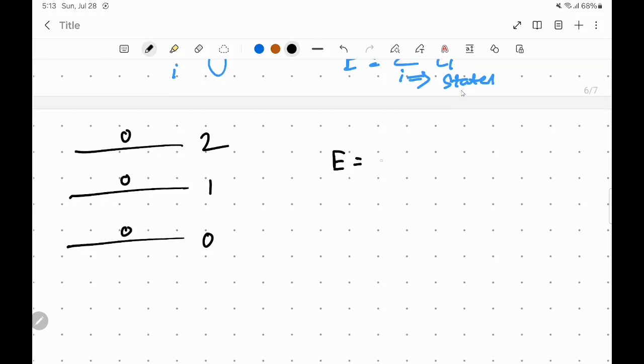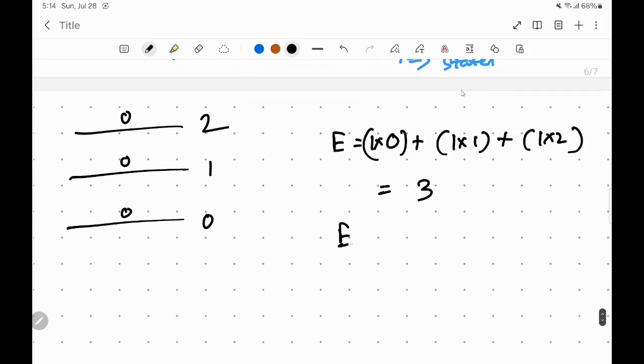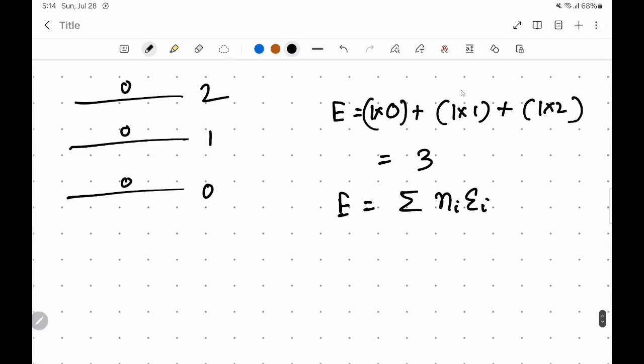So the total energy will be 1 into 0 plus 1 into 1 plus 1 into 2, so essentially 3. The formula is Ni, the number of particles in the ith level, into epsilon i, that means the energy of the ith level. Here level and state are the same because there is no degeneracy.